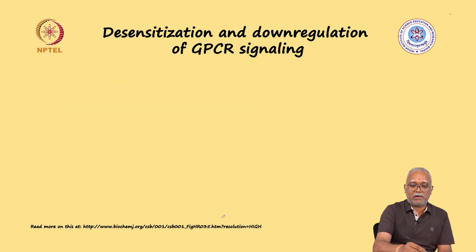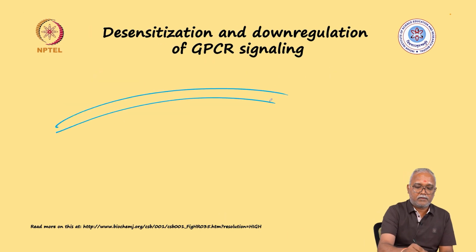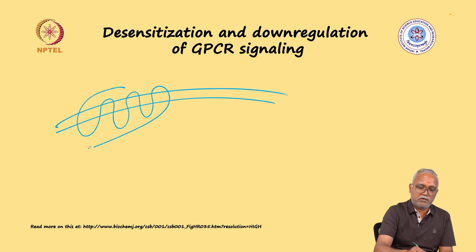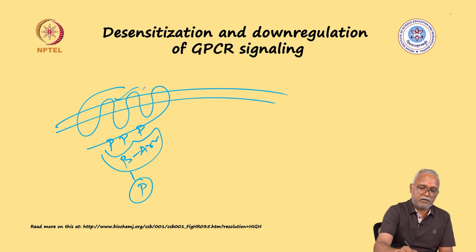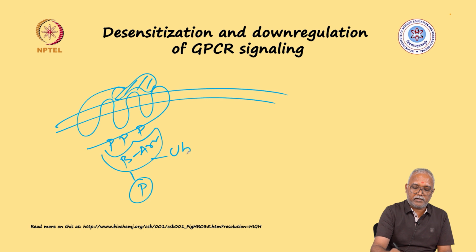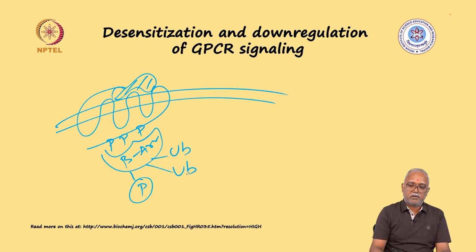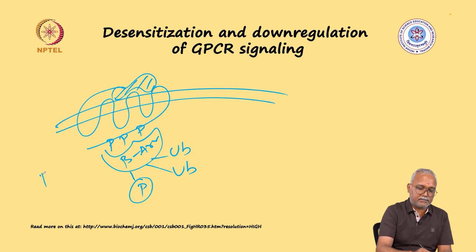So in essence, your receptor will be phosphorylated, it will attract beta-arrestin, and this beta-arrestin will be phosphorylated and ubiquitinated. This basically is desensitization.